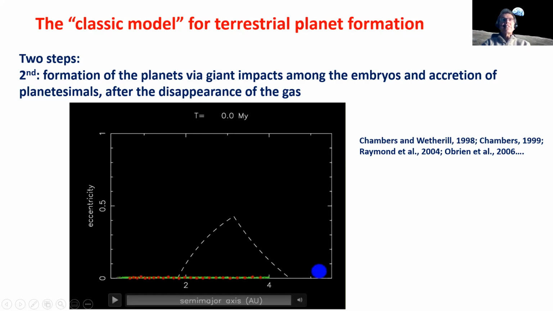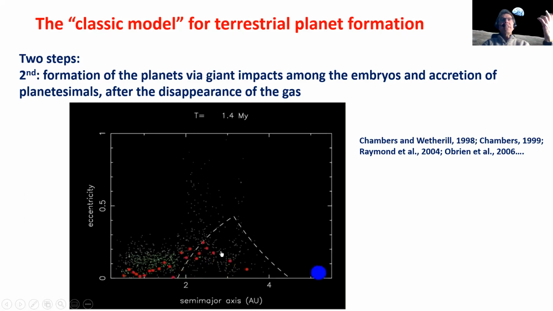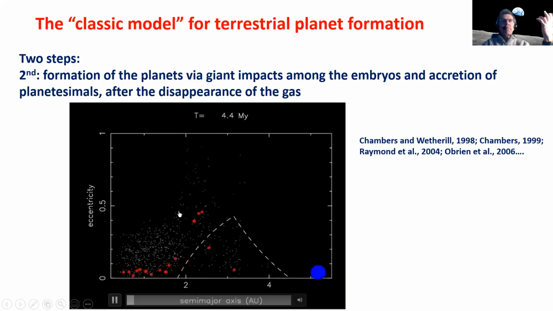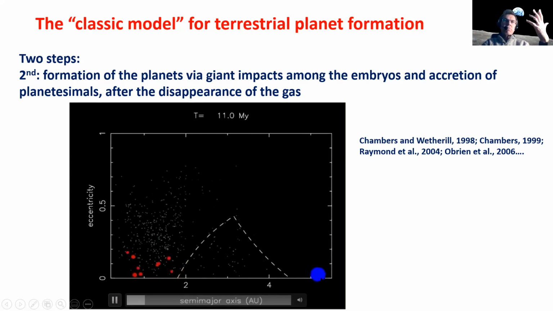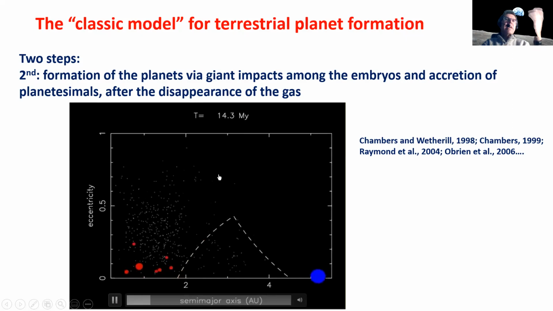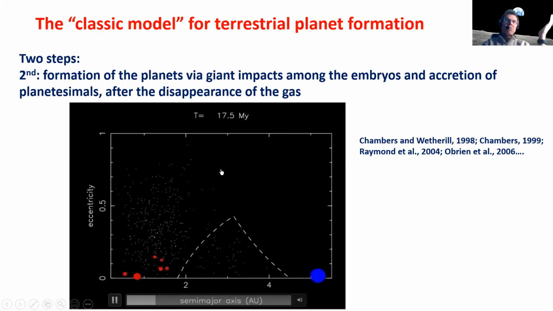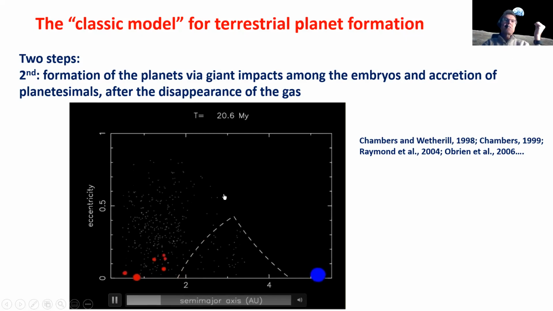As time goes on, this is now time not from CAI formation, this is time from gas removal. So we already have our set of embryos embedded in the disk of planetesimals. As time goes on, very quickly the system stirs up, and stirs up in particular in the region of the asteroid belt because of the perturbations from Jupiter. So all the embryos go away, together with a lot of planetesimals, from the asteroid belt.